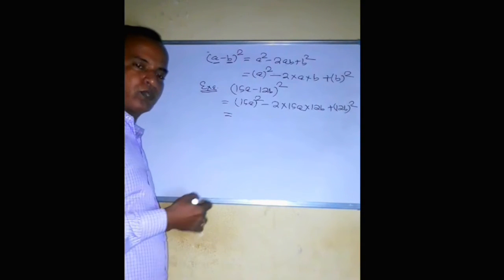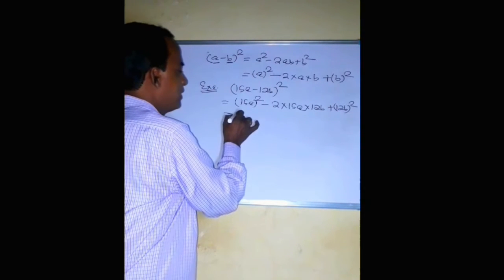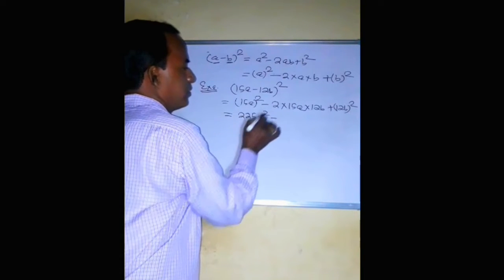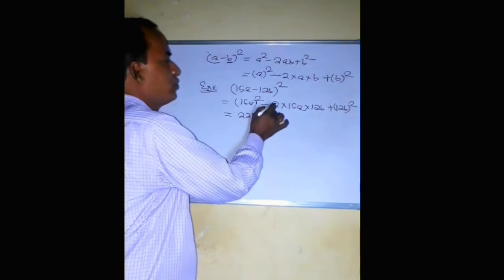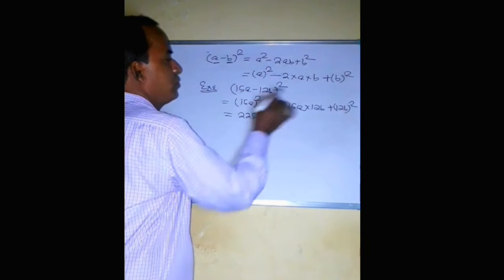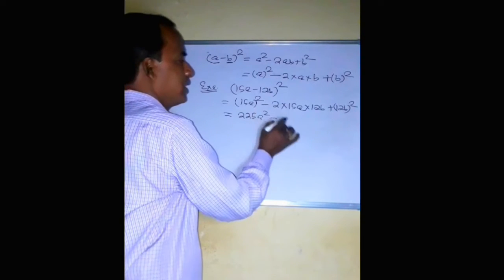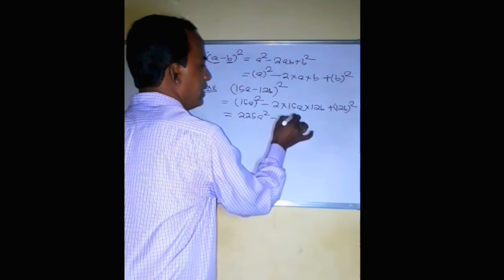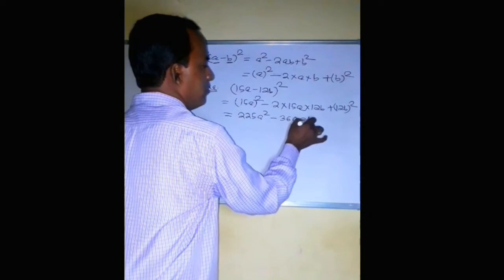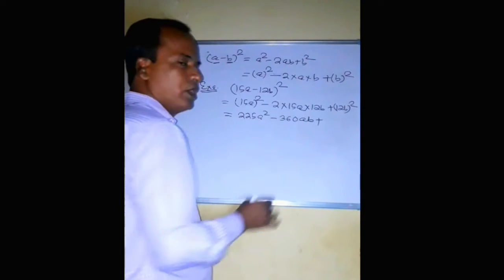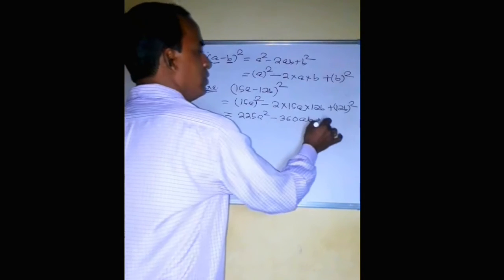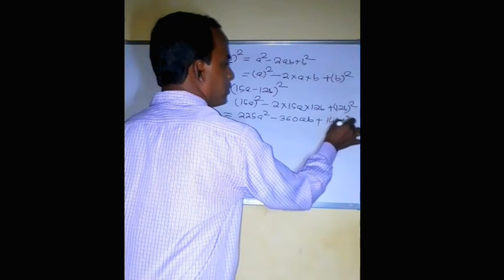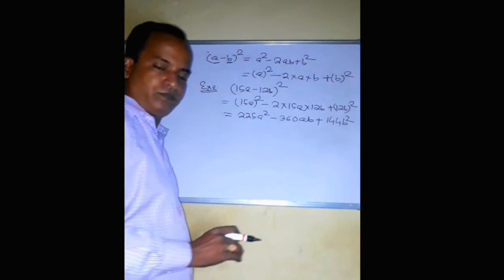So 15a whole square means 15a into 15a, that's equal to 225a square, minus 2 into 15, 30, into 12, 360, then a into b, ab, plus 12b whole square equal to 144b square. So this is the answer.